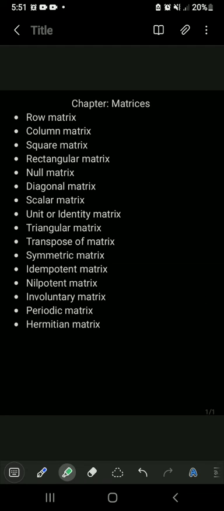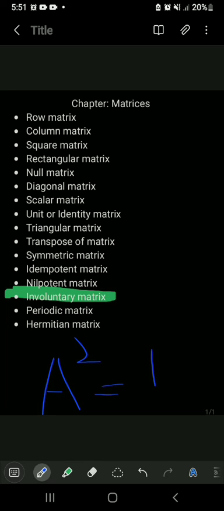If we talk about involutory matrices, it means if we take the square of the matrix, it becomes the identity matrix.